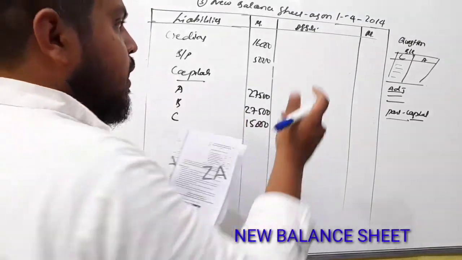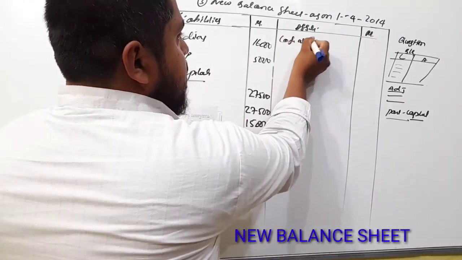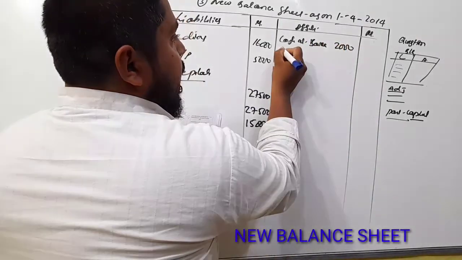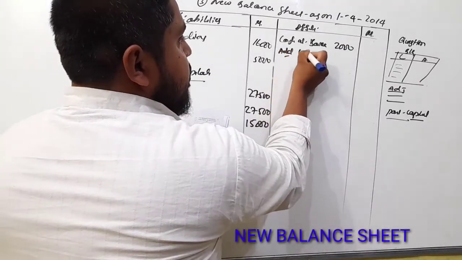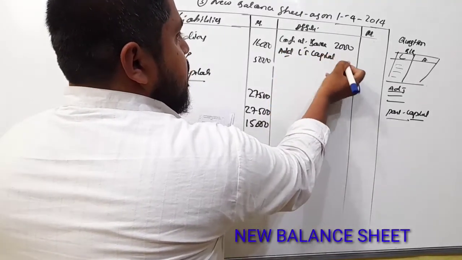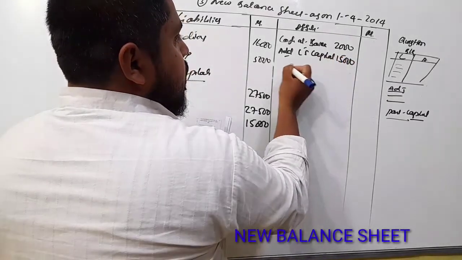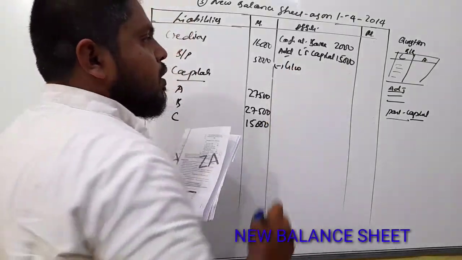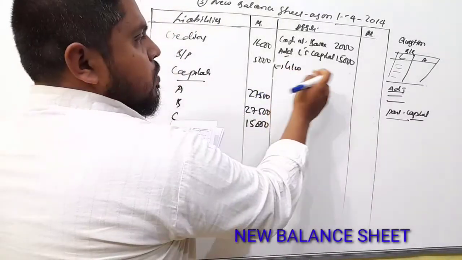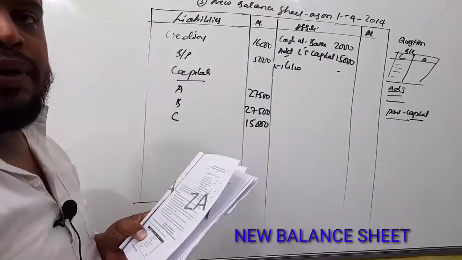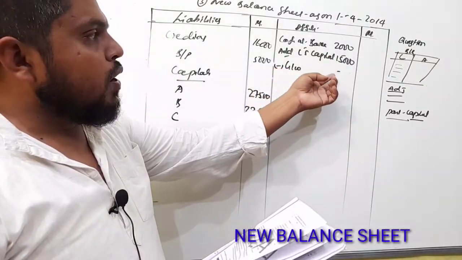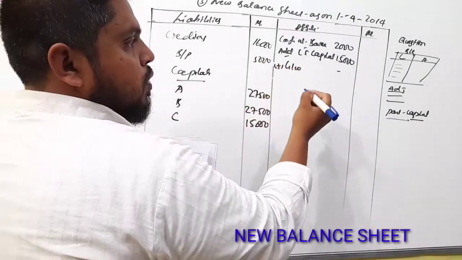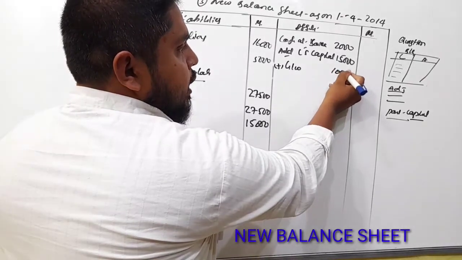Now come to the asset side. Cash at bank: write 2,000 in the inner column. Add C's capital, which is 15,000. And then next, add goodwill. If you are taking the goodwill amount here, the goodwill amount is 10,000.